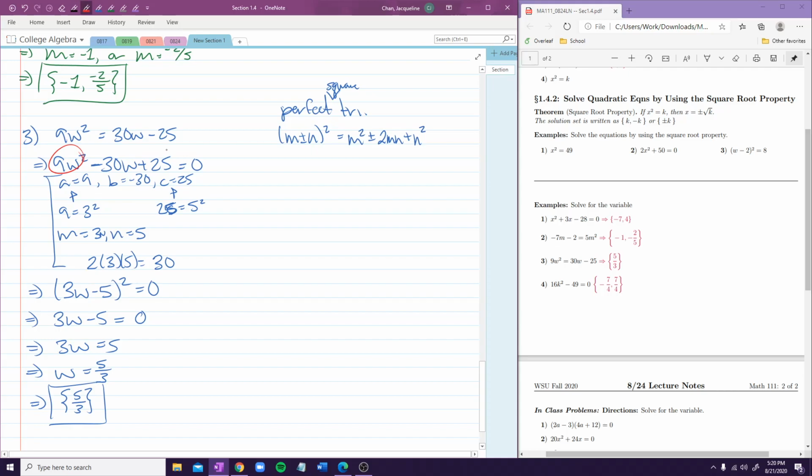I should underline this one and this one, and see if these are perfect squares. 9w squared is a perfect square because 3w times 3w is 9w squared, and 5 squared is 25. So these both are perfect squares, and what you want to do is multiply by the 2ac, or yeah. Then you just want to see if it matches, and if it matches, we can just go straight to this one.